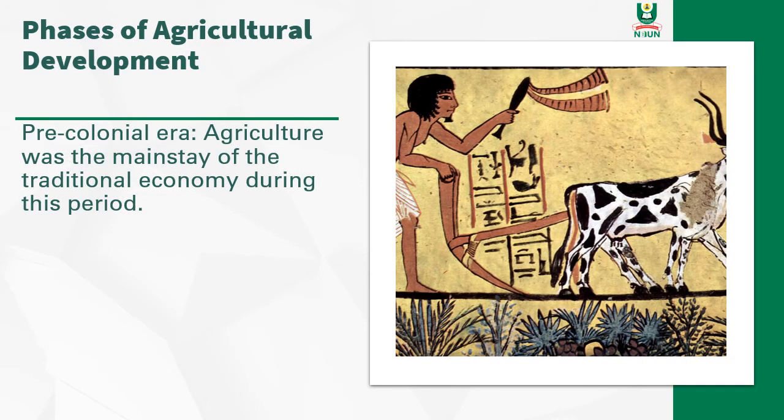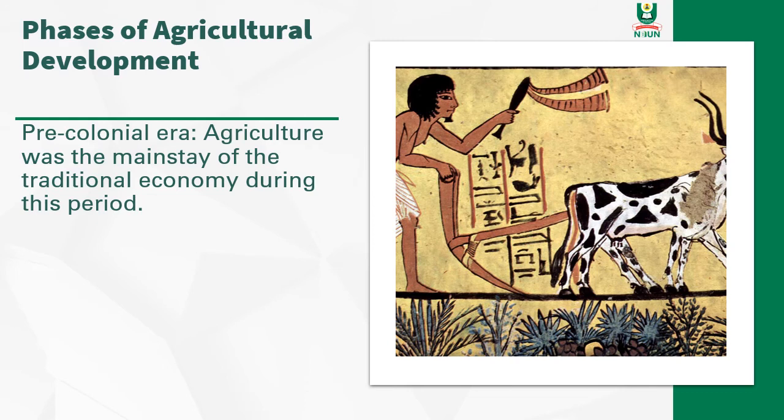So right now we'll be talking about the phases of agricultural development. There are three phases: the pre-colonial era, the colonial era, and the post-colonial era. The first era we'll be talking about is the pre-colonial era, that is, before the colonial era, and this involves agriculture as the mainstay of the traditional economy during this period.